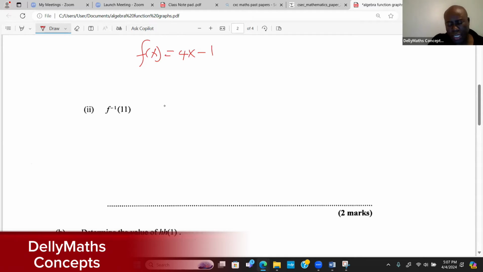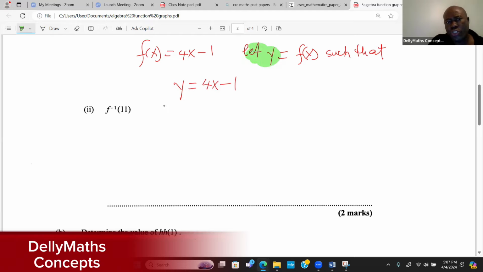We're going to let y equal f of x, such that y is now equal to 4x minus 1. This is just a statement to clarify what I'm about to do.